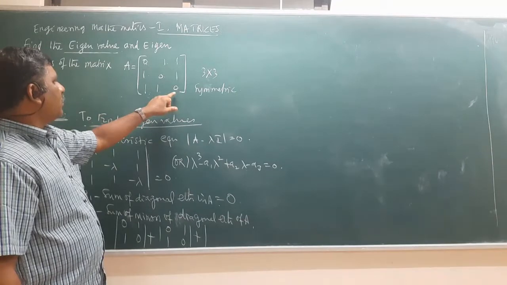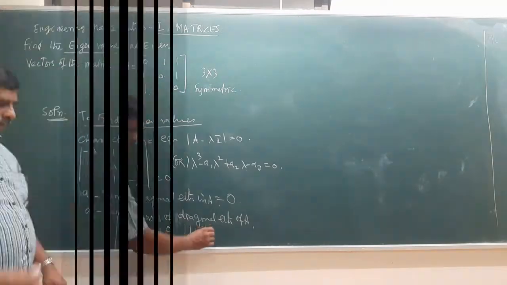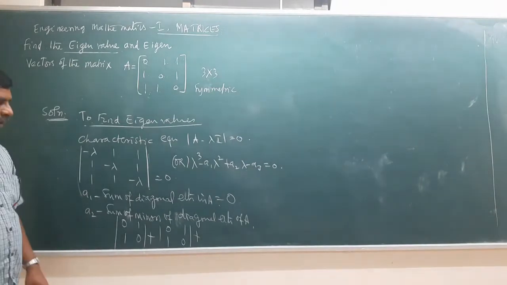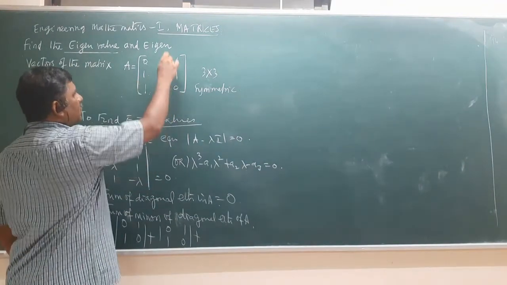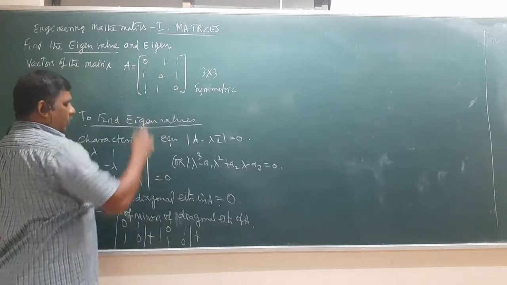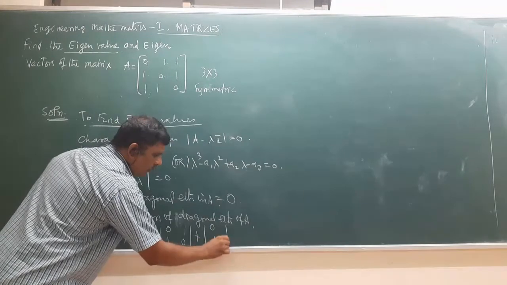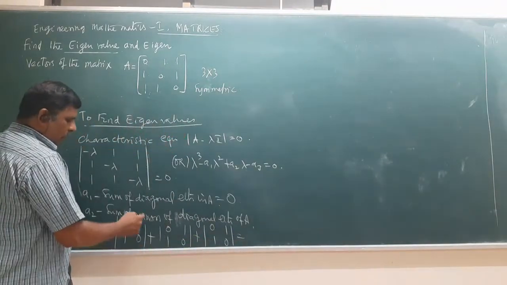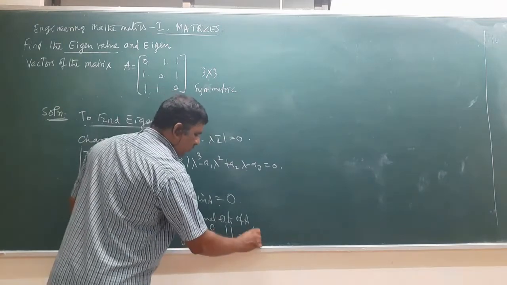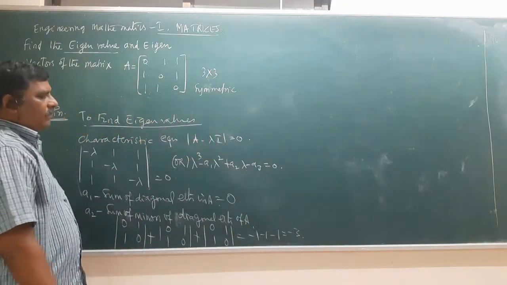Leave the respective column and row, then 0, 1, 1, 0. Find the determinant. So that is equal to 0 minus 1, minus 1, minus 1. That is minus 3.